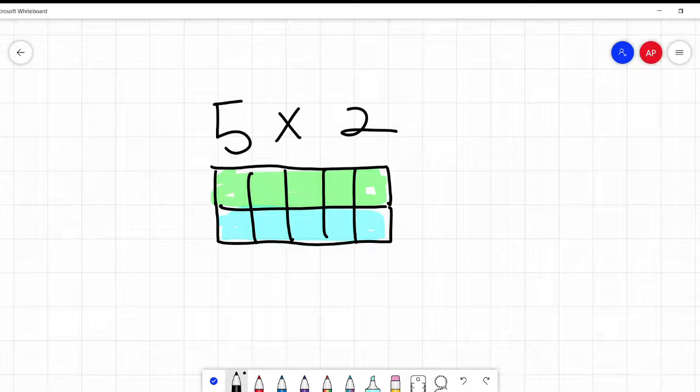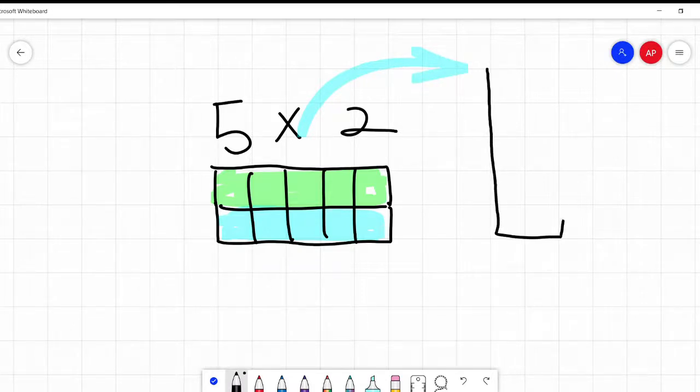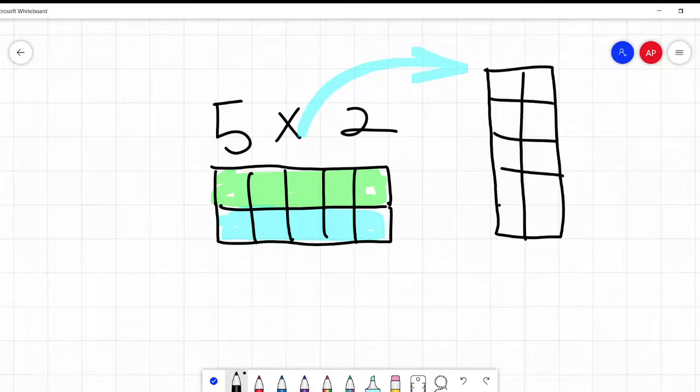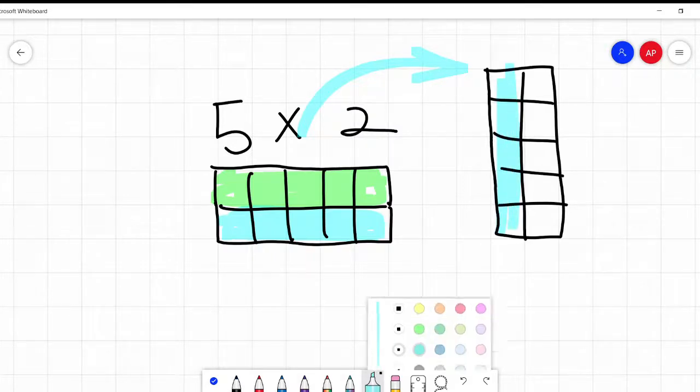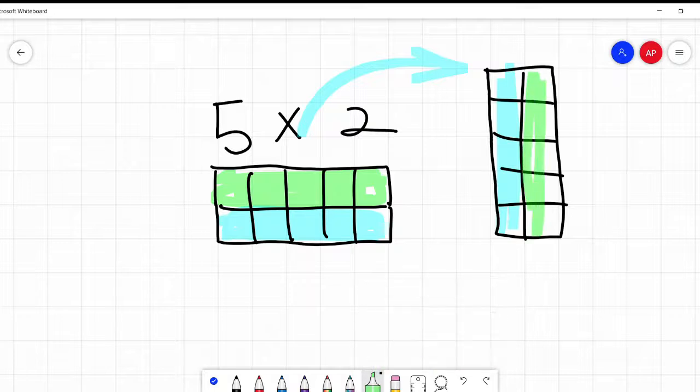Well, what if I rotated this? You can visualize like I'm rotating this block. So now 1, 2, 3, 4, 5. That's lopsided. It's the leaning tower of multiplication. So it looks like this now. Just coloring it so you can see how I've rotated it. Okay. Well, now it's like 2 that's been stacked 5 times.